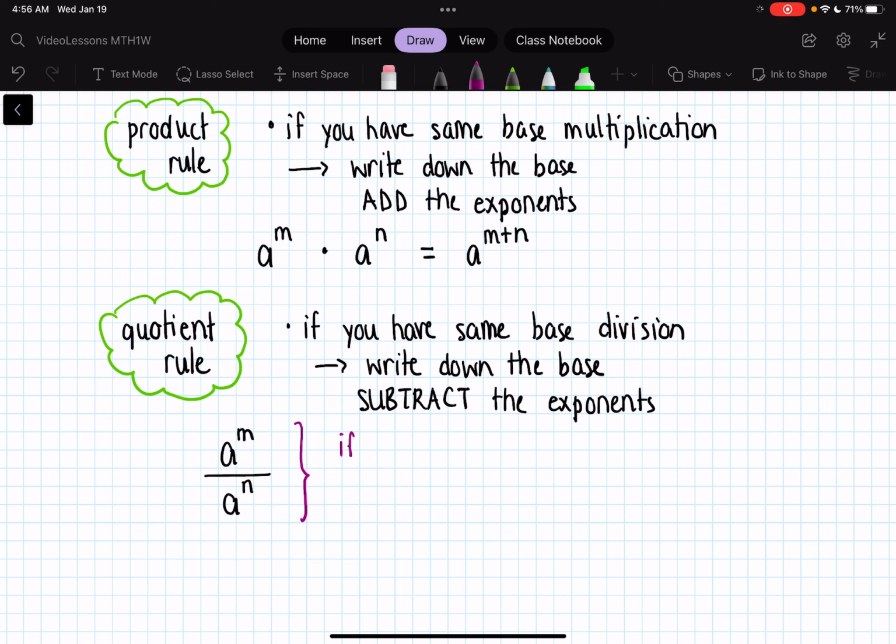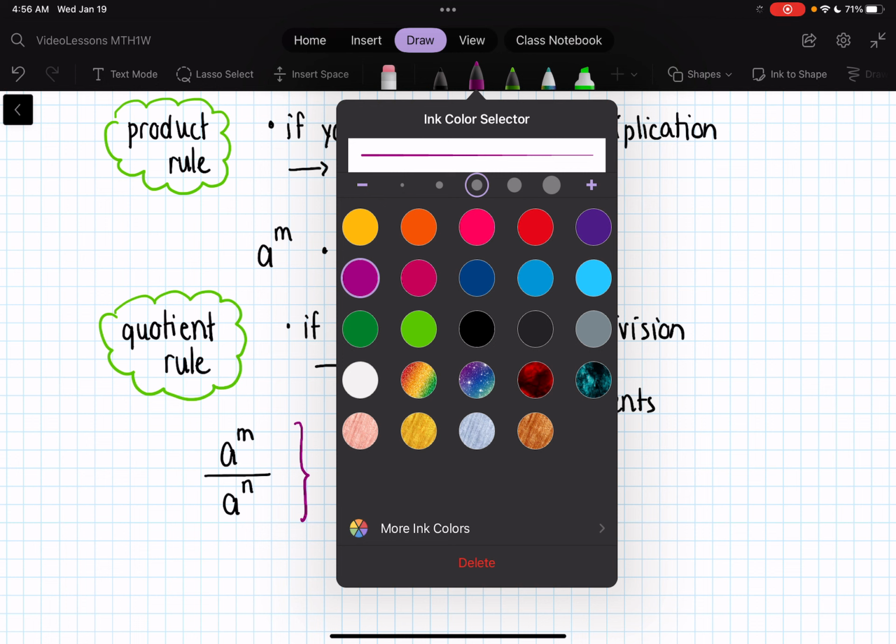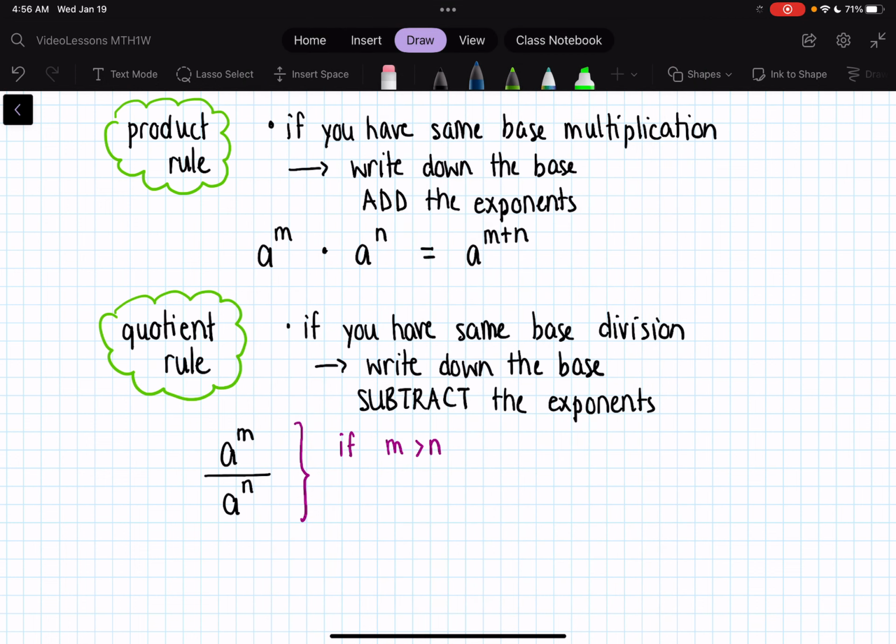If the power is greater at the top, that would mean m is greater than n, then we write down the base at the top, and then we say m minus n.